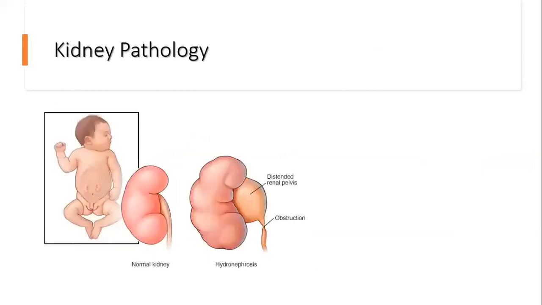Here, kidney pathology: normal kidney on the left side and hydronephrosis on the right side. You can see the obstruction at the ureteropelvic junction.